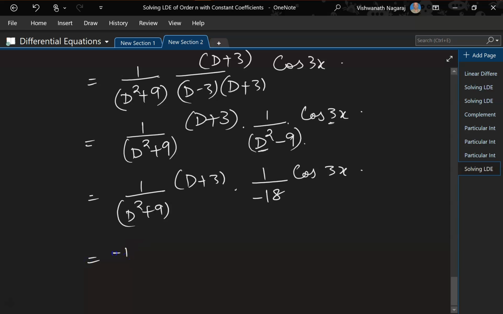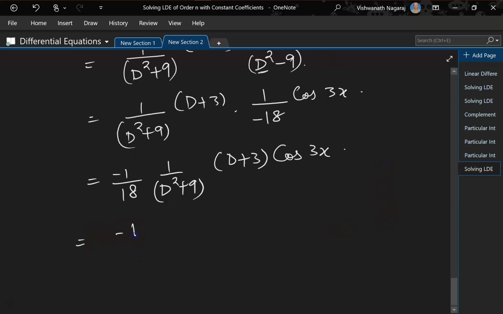Okay, so minus 1 by 18, let's take it out. 1 by d square plus 9, and we end up with d plus 3 times cos 3x.